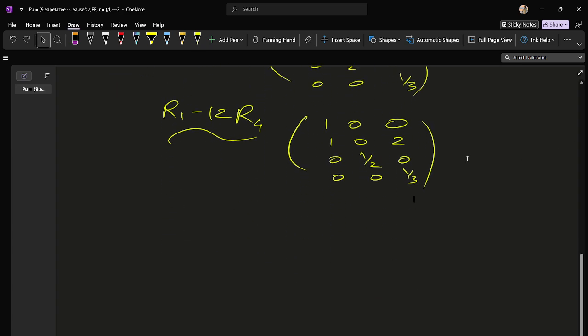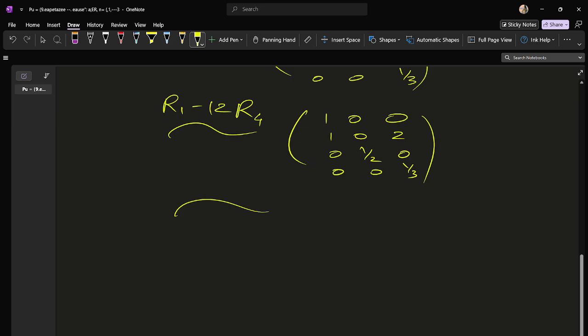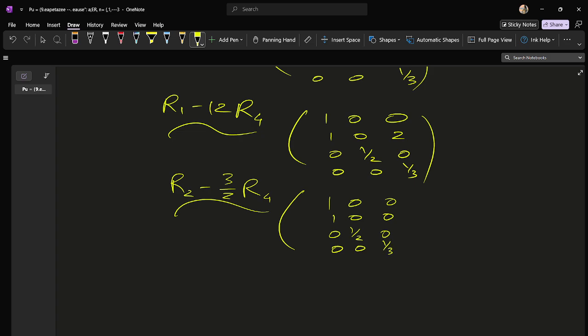So again what can we do? We can do r2 minus 3 by 2 r4. Then we will get this thing. After that we can do r1 minus r2.